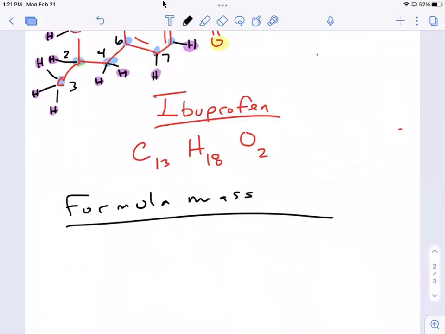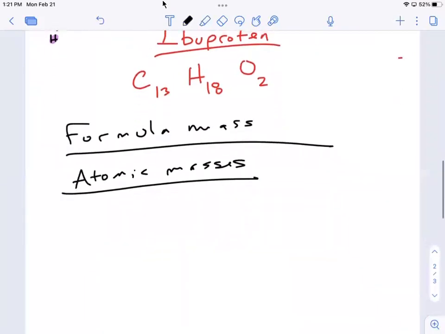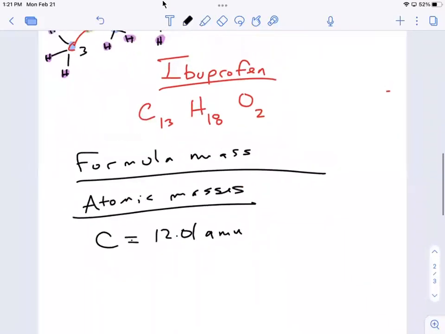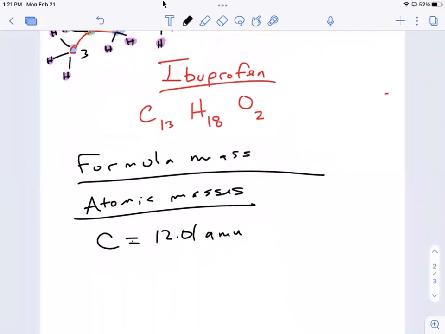So now when it comes to calculating the formula mass, what we need are the atomic masses of each atom. That's it. So for carbon, atomic mass is 12.01 AMU. And because there are 13 carbons in that structure, we're going to multiply that by 13.